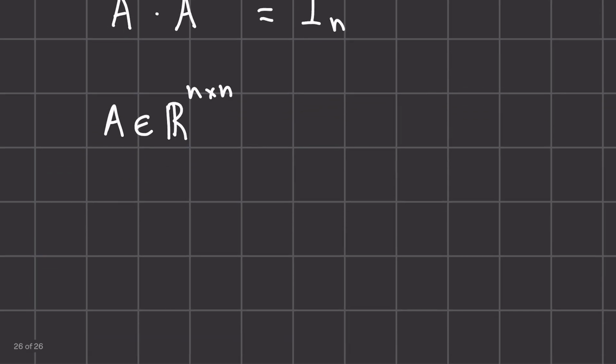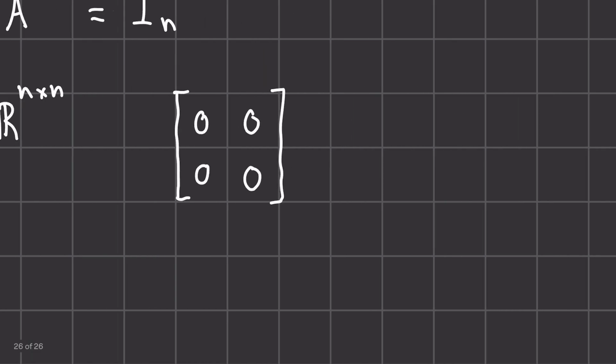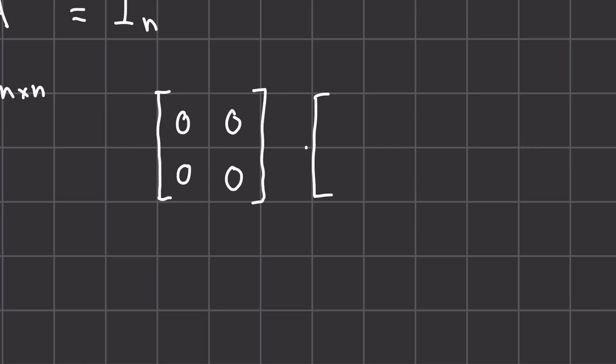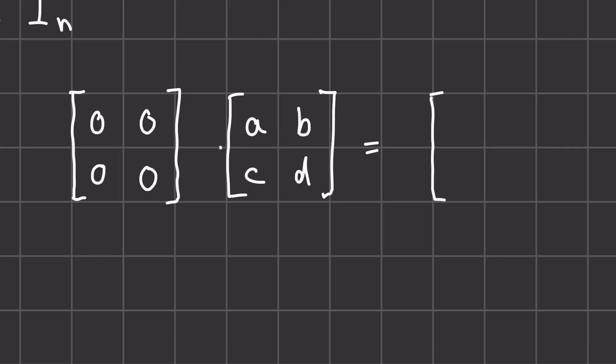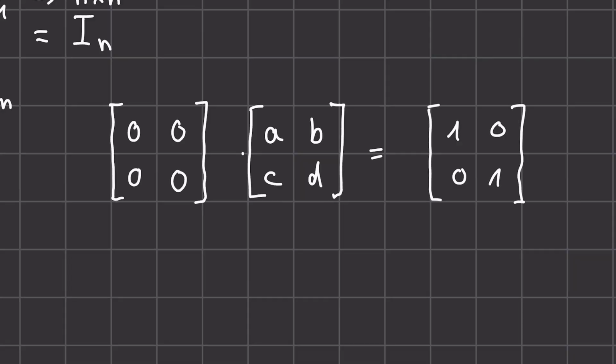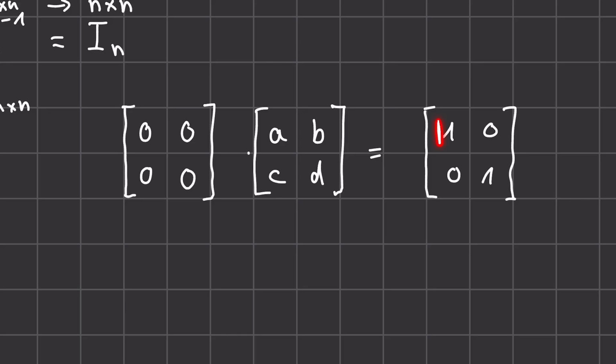So for example, looking at the matrix 0, 0, 0, 0, there is nothing we can multiply to it. So let's just put some variables in here. There's nothing we can multiply so that it gives us this identity matrix. The reason why is because of this 1 here. It tells us that multiplying this row with this column would have to give us this 1 here.